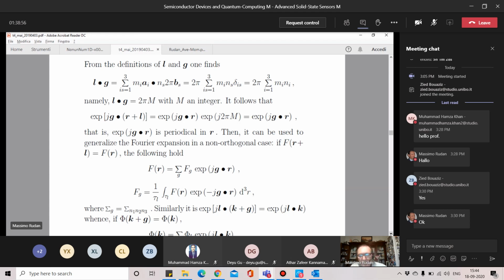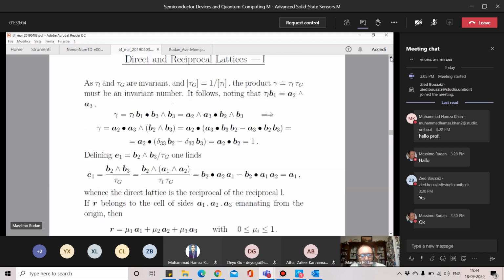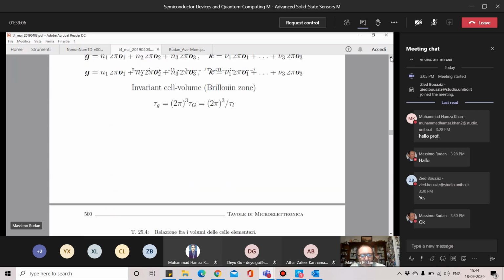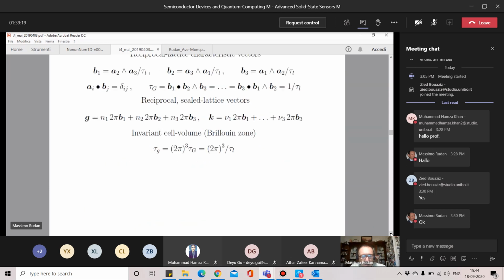You remember L is a linear combination of A1, A2, A3 with integer coefficients of the vectors A1, A2, and A3. And G is a linear combination, again with integer indices that we call n1, n2, n3, of the vectors 2 pi b1, 2 pi b2, 2 pi b3.